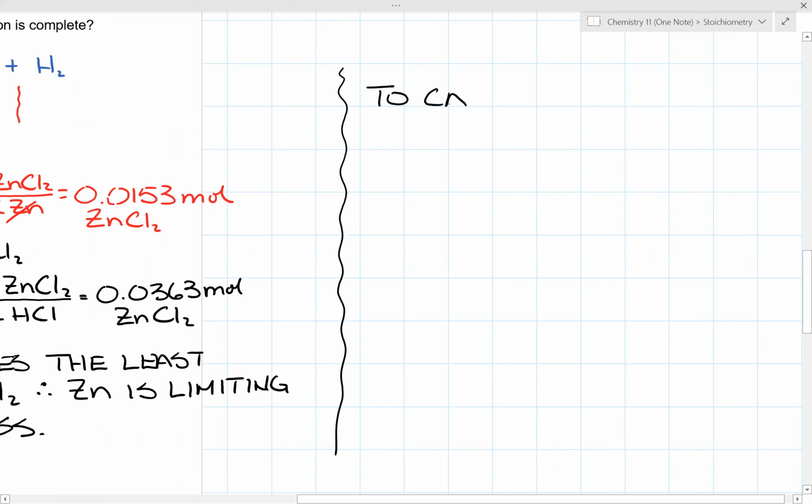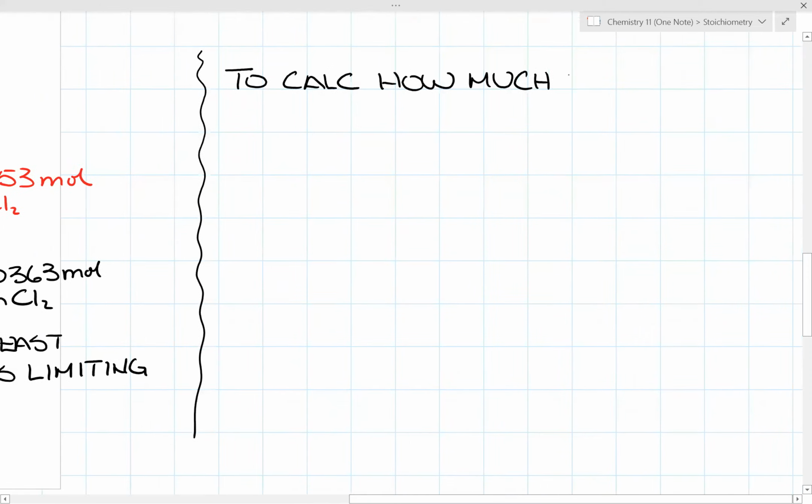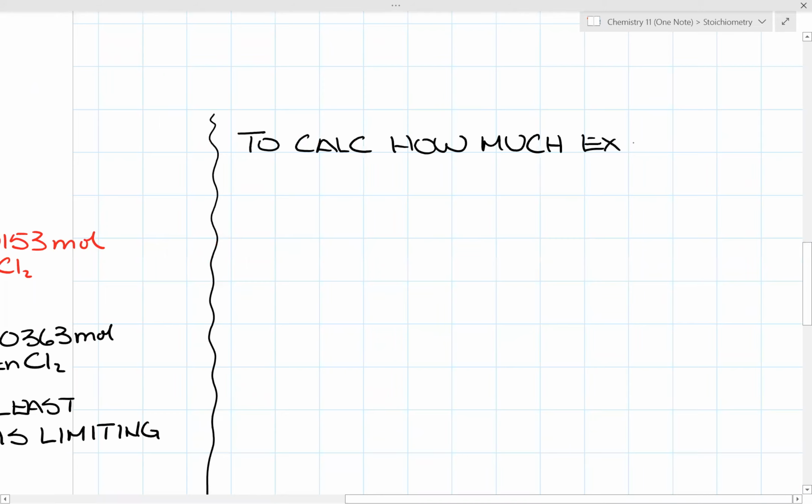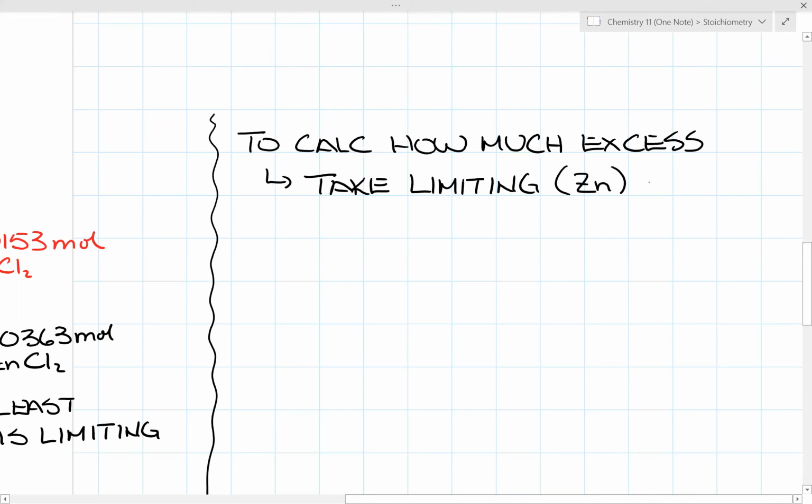To calculate how much excess, you would take the limiting reactant, in this case zinc, and calculate how much of the excess reactant is used.